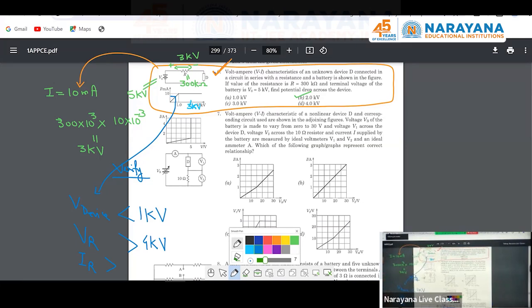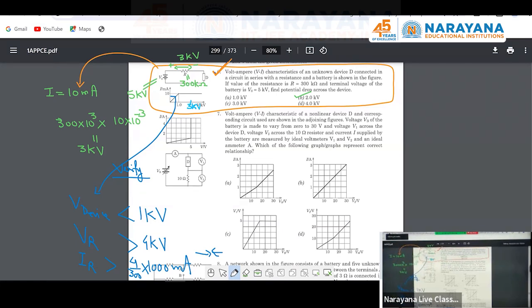What is that? 4 upon 300, and because we are writing in milliampere, into 1000. What is this value coming out as? 40 by 3. So 13 point something, and that is greater than 10. So there is a contradiction here. So we'll leave the result. Fine.